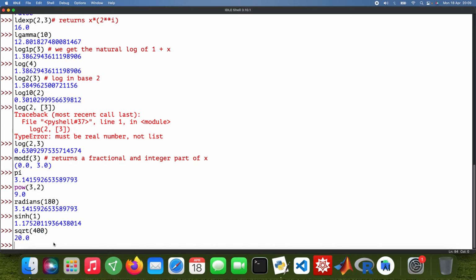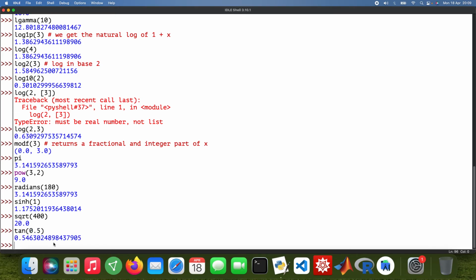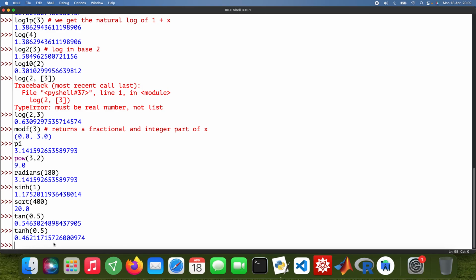And then sin, the value say 0.5. There we are. And then tan, I'm going to use 0.5 again. And then trunc. Think of a value, 3.2.